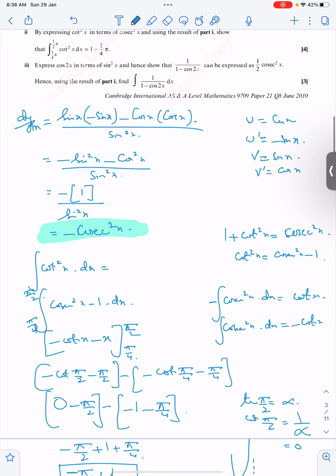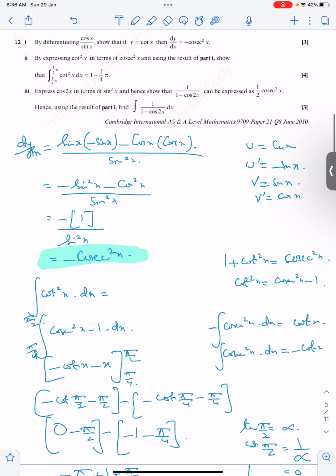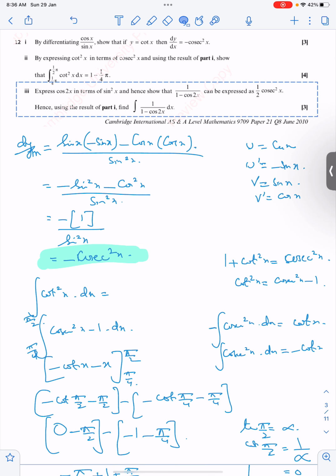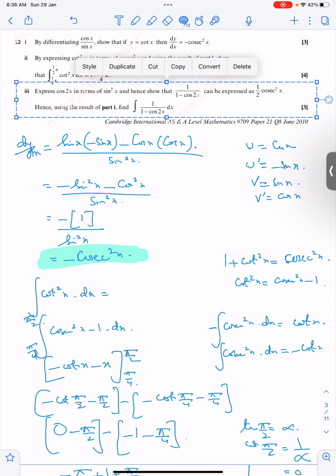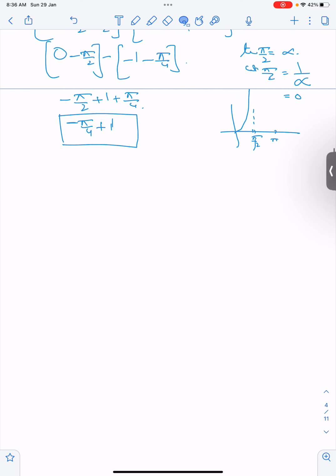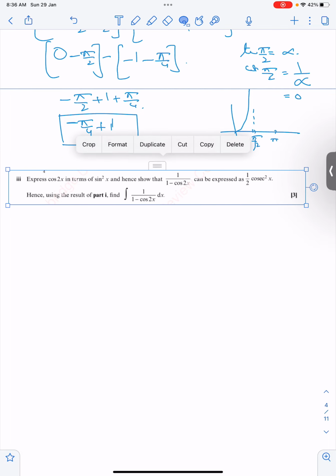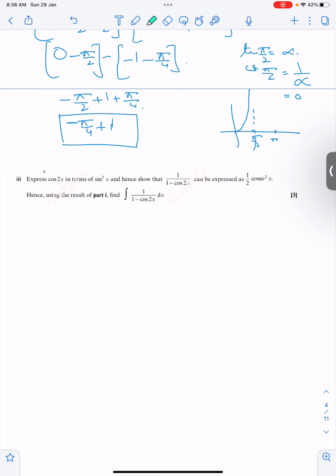Now they're saying express cos of 2x in terms of sine square x, and show that 1 minus cos of 2x can be expressed as... Okay, I'm just taking this whole part down here. Express cos of 2x in terms of sine square x.